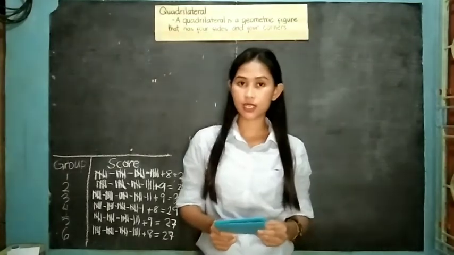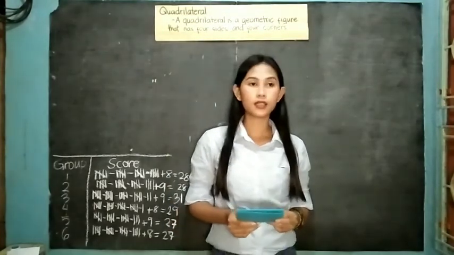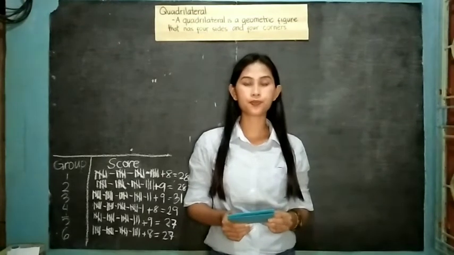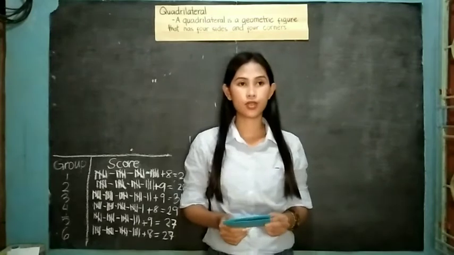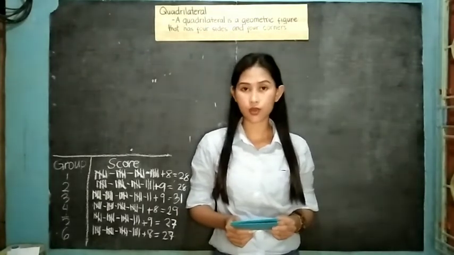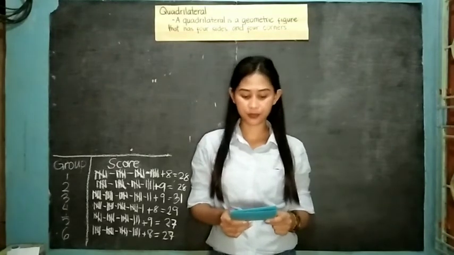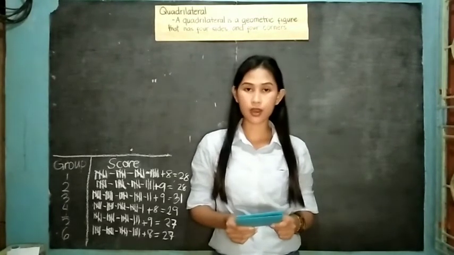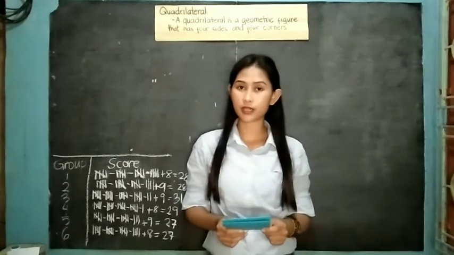Number 2. A square is a rhombus. Number 3. A square is a parallelogram.